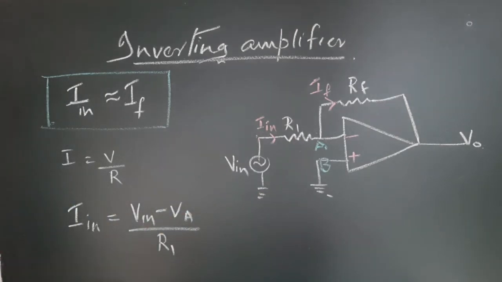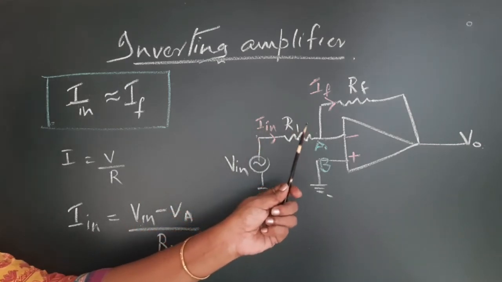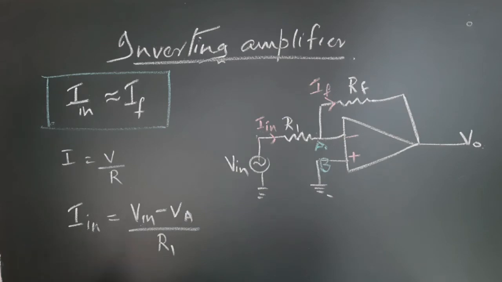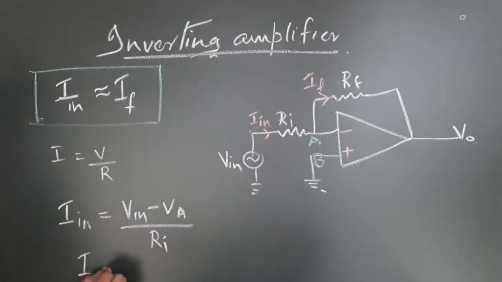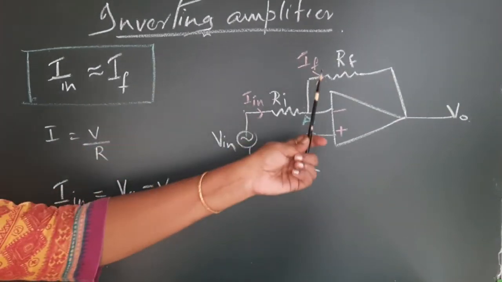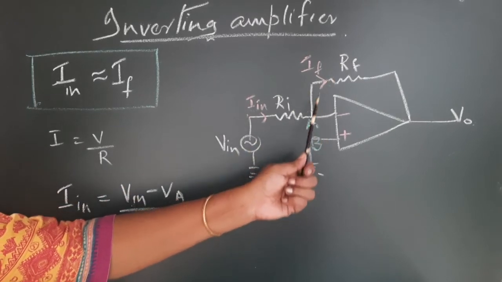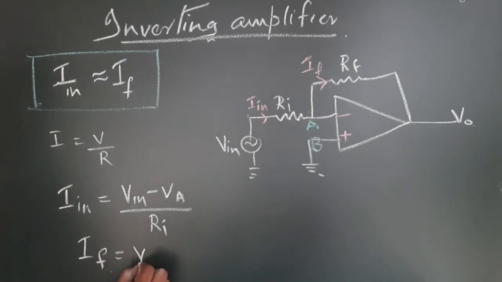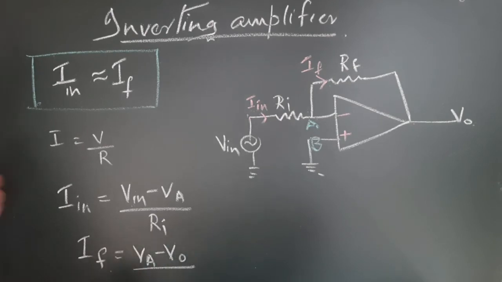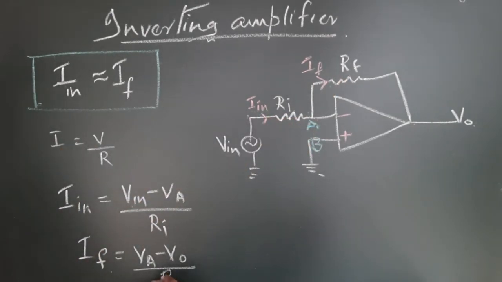So, this is the expression for input current. I in equals V in minus VA by Ri, if I call it input resistance Ri. Okay. Now, how can I write IF? IF is equal to the voltage at this end, VA, minus the voltage at this end, V out, divided by the resistance here, RF.